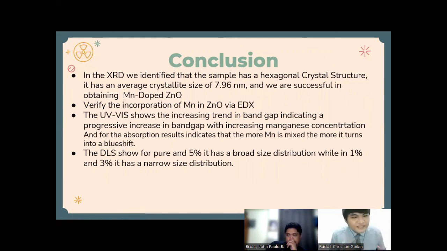In the UV-Vis, we showed a progressive increase in band gap with increasing manganese concentration. And for the DLS, we showed that the pure and 5% samples have a broad size distribution, while the 1% and 3% samples have a narrow size distribution.